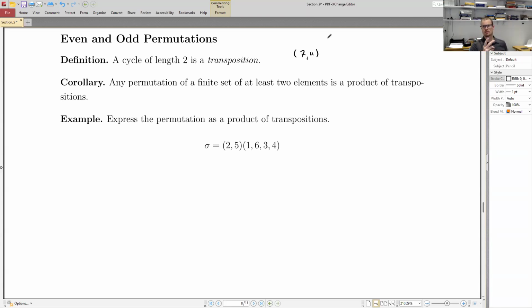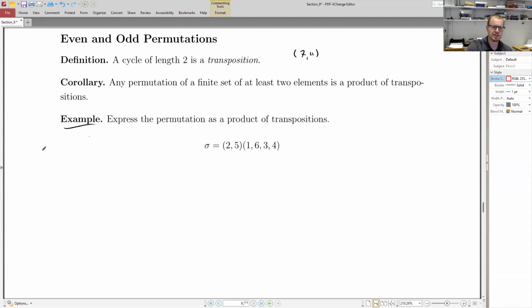So we transpose, and transpose, until we find the permutation that we're looking for. This corollary says we can do that for any permutation we like. What it doesn't tell us is how to express it or how to find it. That's the consideration of our example here. We want to express the permutation as a product of transpositions.